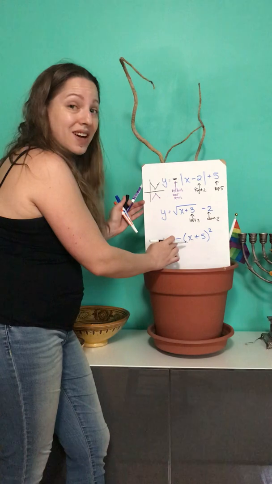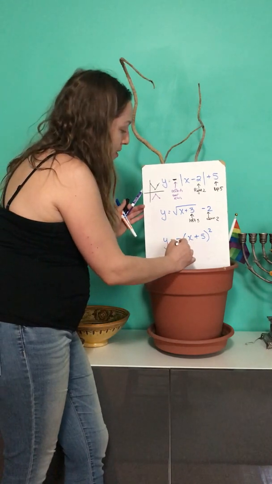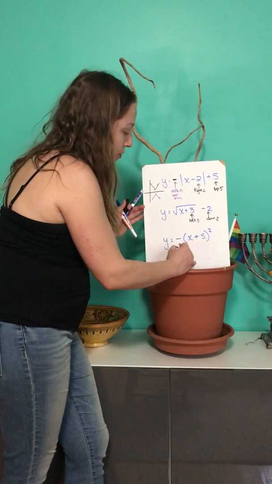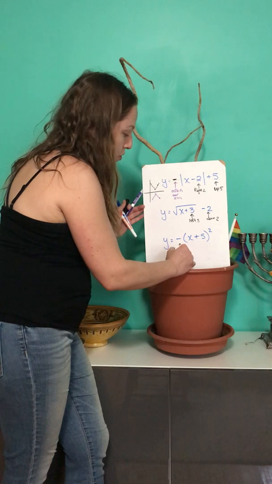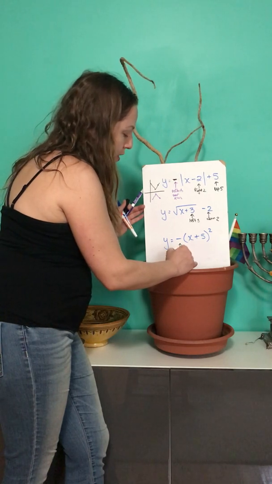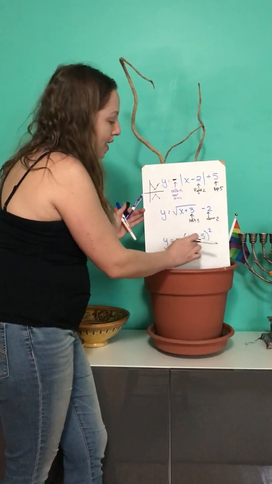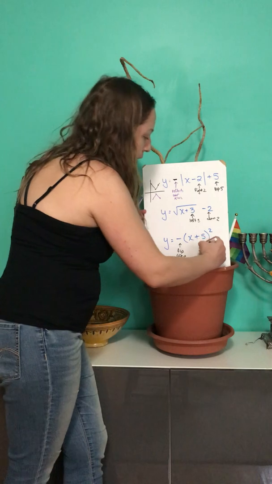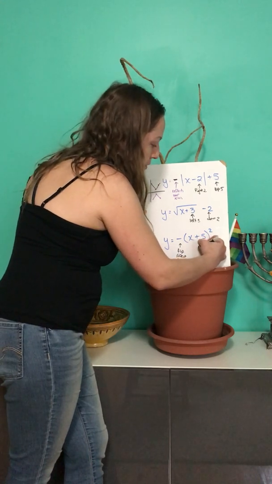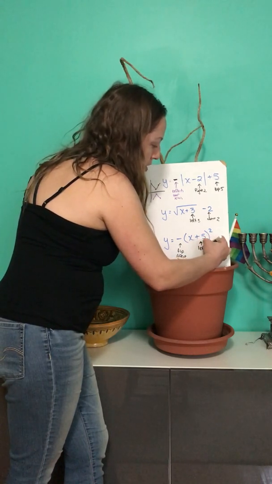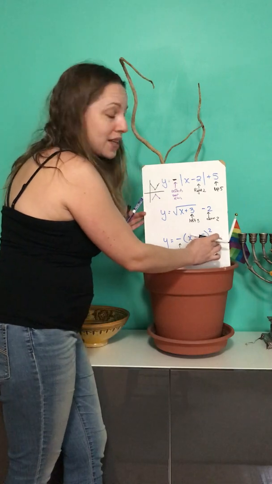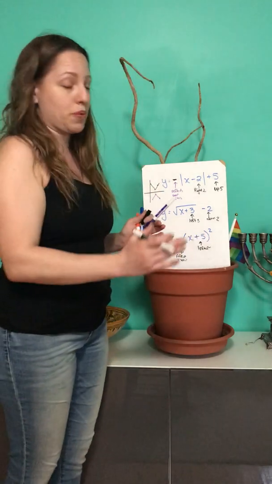Okay, this does have a negative in front, so that means that the graph would flip down or reflect down. Reflect over the x-axis. Okay, there's a number inside with the x, and it's positive, so that goes left 5. And there's no number outside here, so that means it does not shift up or down.